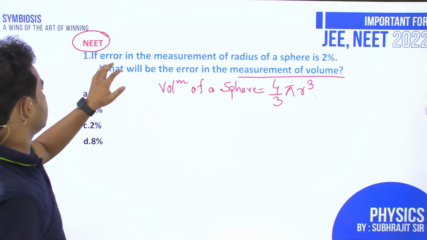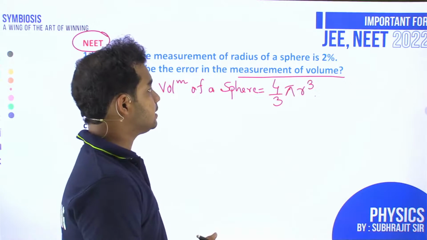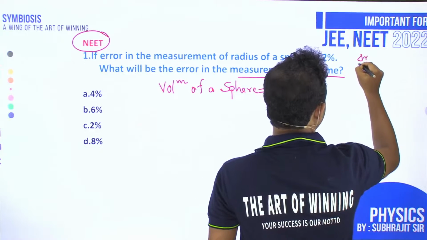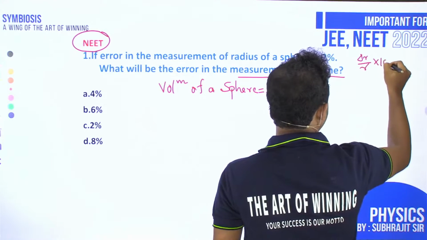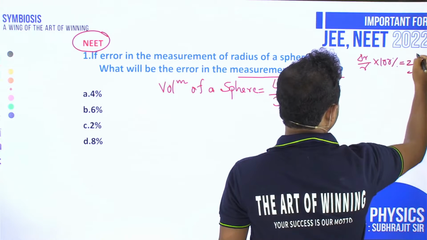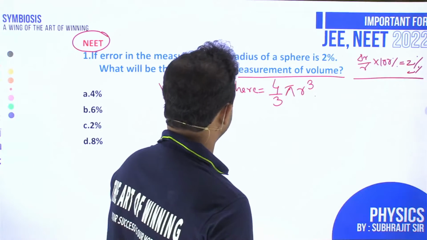The given is the error in the measurement of the radius of a sphere is 2%, means del r divided by r into 100% is equal to 2%.